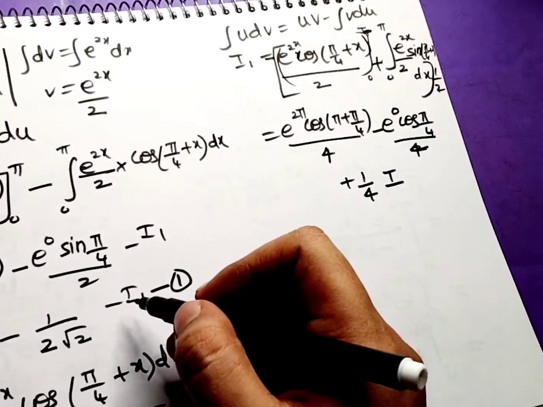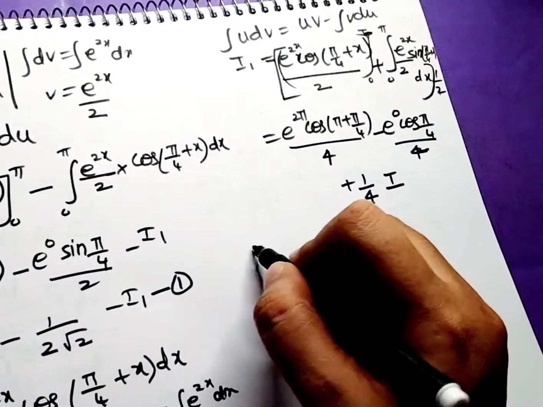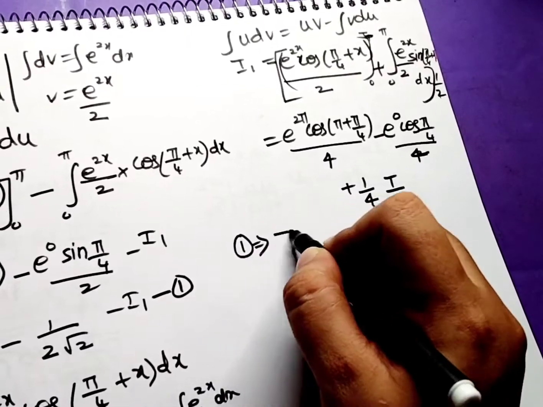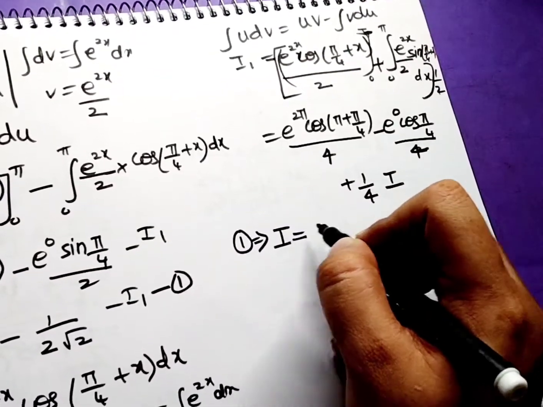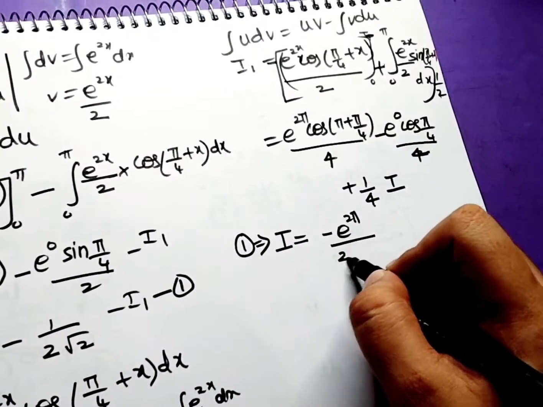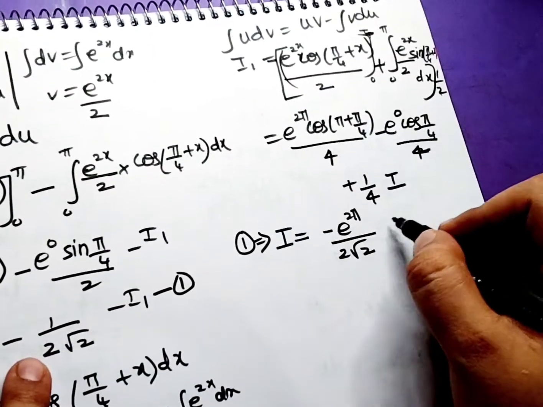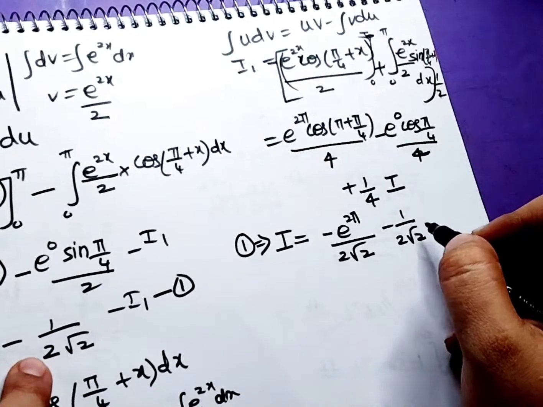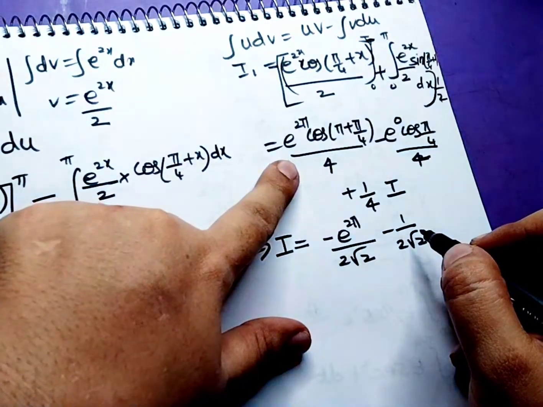Okay, so sine pi by 4 is 1 by root 2 again. Therefore, the first equation implies I is equal to minus e power 2 pi, this is 1 by root 2, so 2 root 2, minus 1 by 2 root 2, minus of this term, okay.